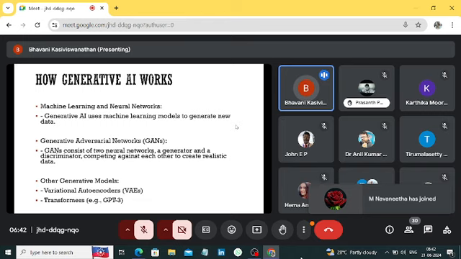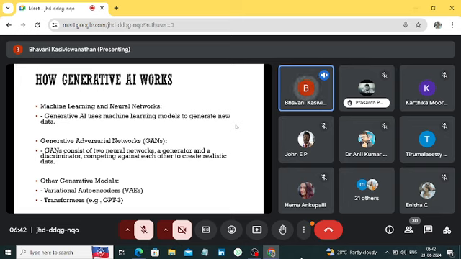In neural networks, we have several types like the convolutional neural network and the recurrent neural network, and these are used in many medical applications. Not only in medical applications, in every field they are using neural networks. So how is it different from generative adversarial networks?